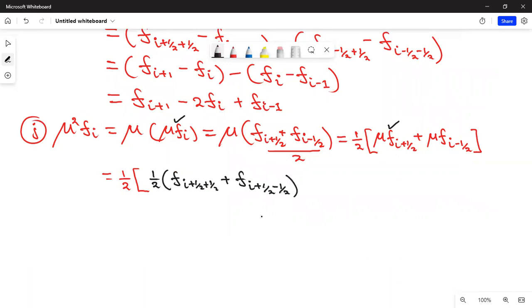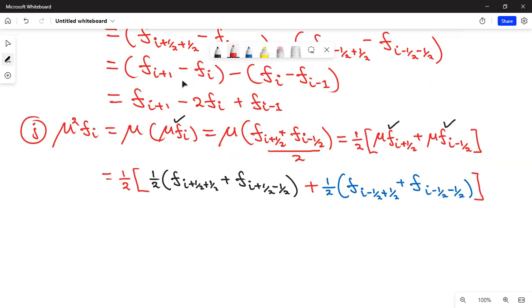That's the average of those two. Then the sign here is a plus. Let's work out this other term. This again is 1 over 2 of f of i minus 1 over 2 plus 1 over 2, then add f of i minus 1 over 2 minus 1 over 2. So that's what we have here.